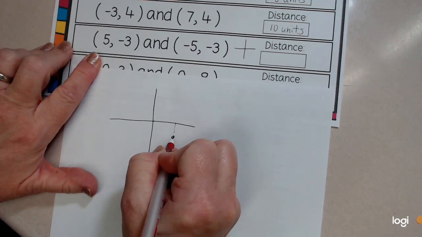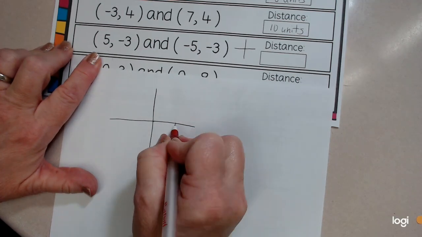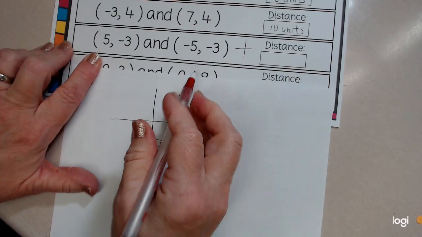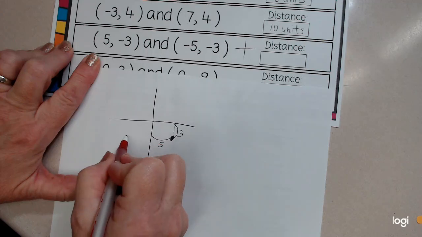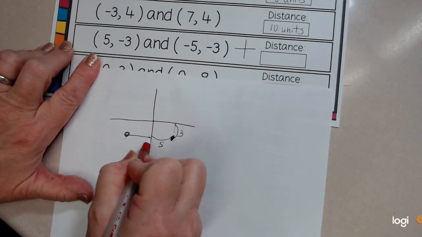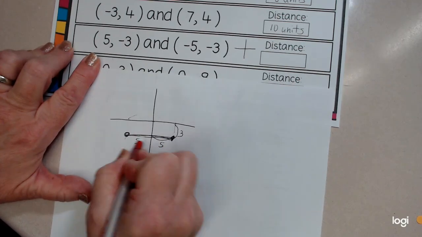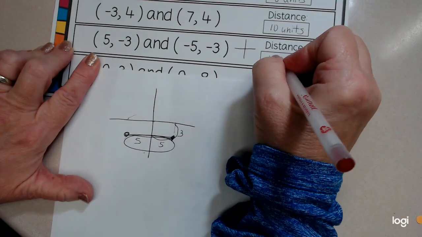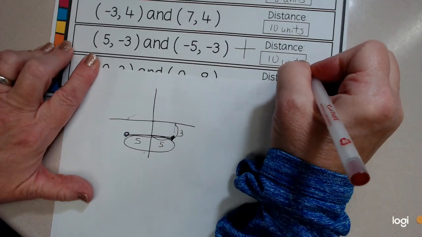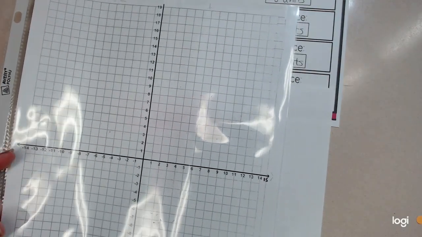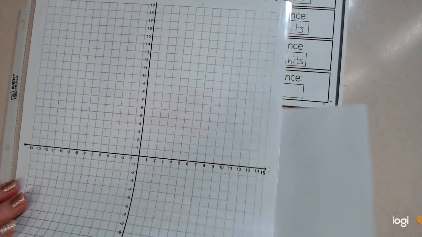So I'm going to be about right here. Okay, so from here to here was 3, and from here to here's 5. I'm going to go backwards 5, down 3. So my line is from here to here. This was backwards 5, so this is 5. So 5 plus 5 would be 10 units. Remember, if you have this kind of paper that you can use, this will be a little bit more helpful for a few of you.